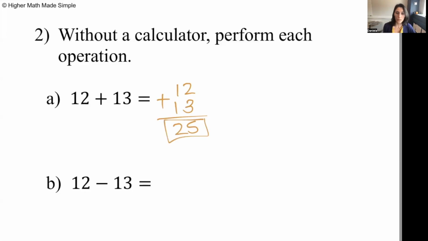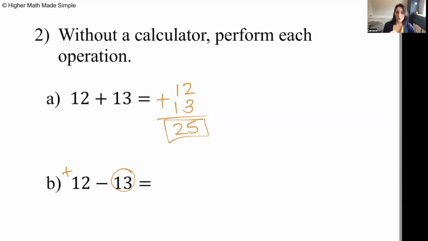As for a situation when both of them are opposite signs, so remember that the 12 is an imaginary plus sign, right? So when you have opposite signs, you want to look at it as the bigger number wins in terms of the sign. So since 13 is bigger than 12, and 13 is negative, that means that the answer is going to be negative overall.